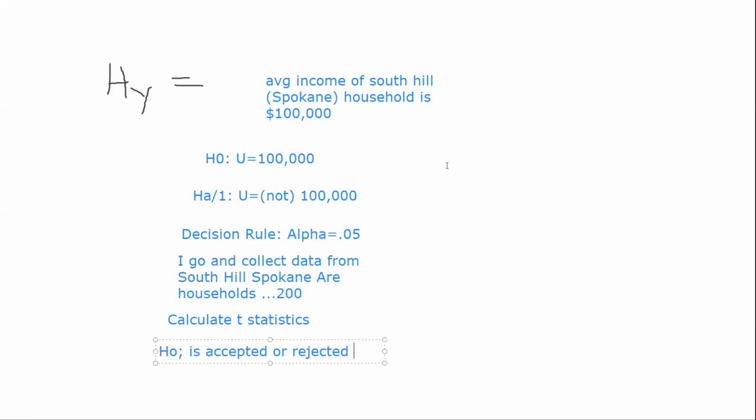Now, there are three ways of testing hypothesis.